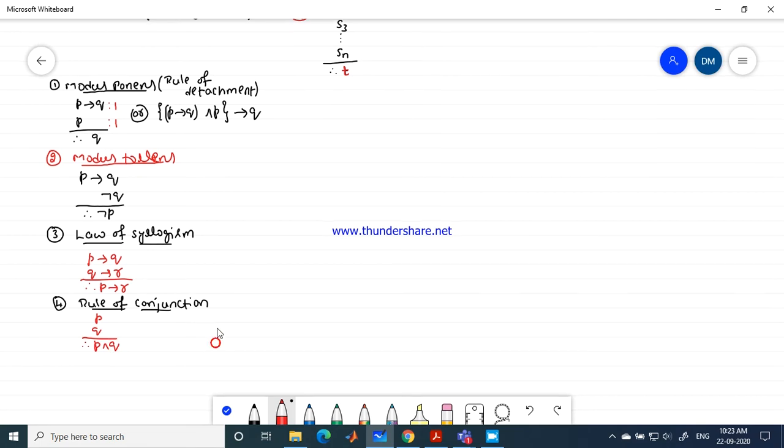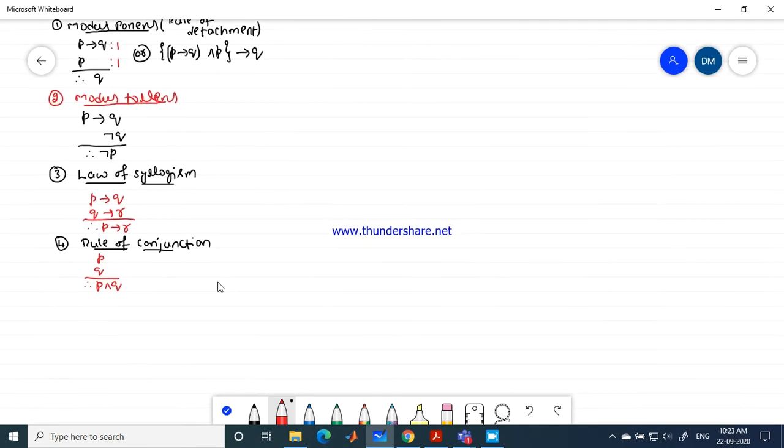It is nothing more than the definition of conjunction. Whenever P and Q are true, the conjunction is also a true statement. Next one, fifth one. This is called the rule of conjunctive simplification.